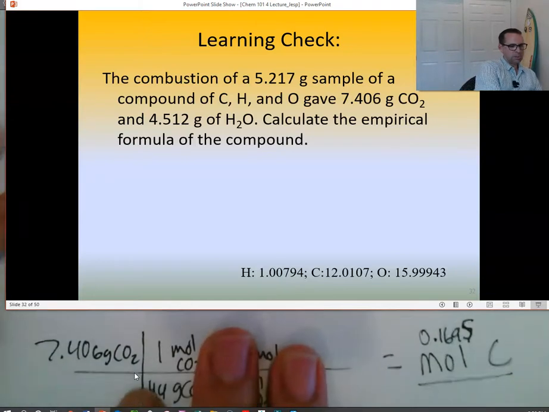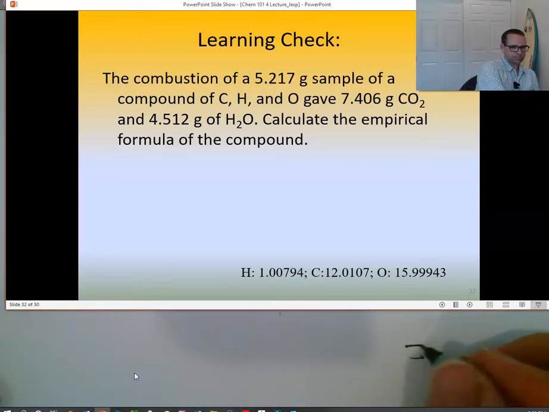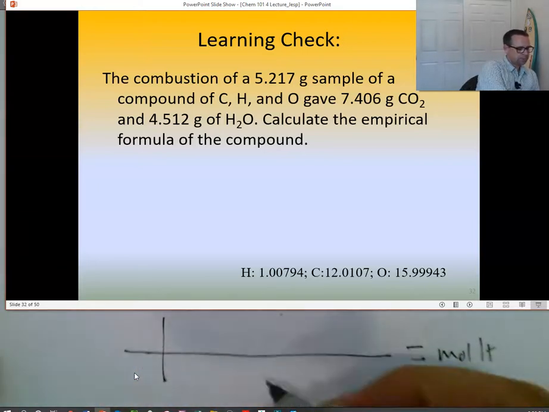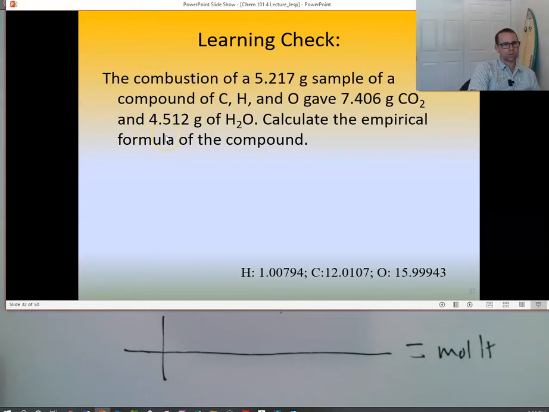All right, now I do the same thing for moles of hydrogen. What am I going to start with this time to get the moles of hydrogen? We'll start with, where is it? Let's see. Okay, so the total grams, I guess, right?